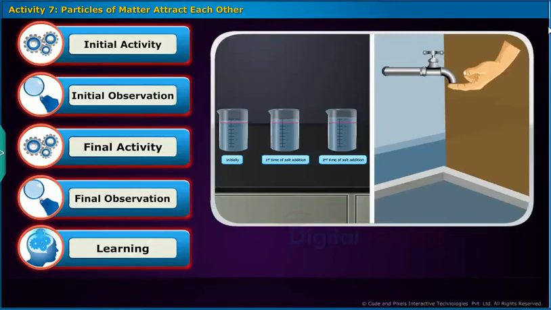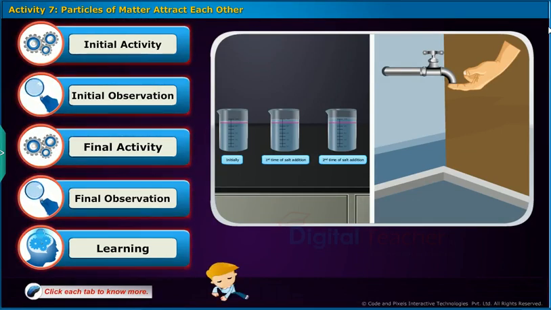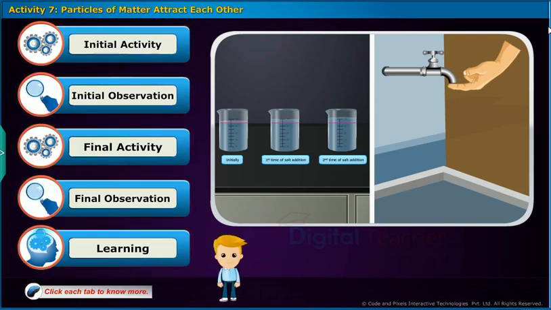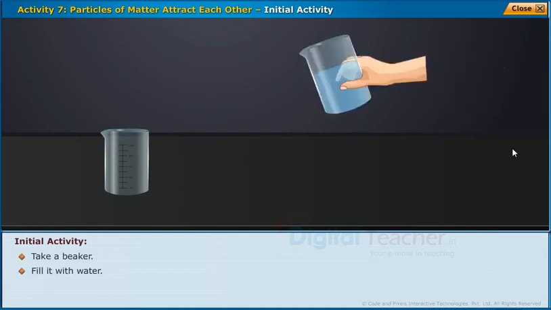Now, let us perform an activity to understand the force of attraction between the particles of the matter. Click each tab to know more. Take a beaker. Fill it with water.